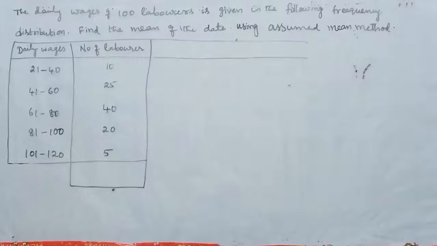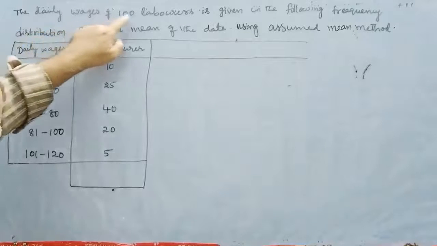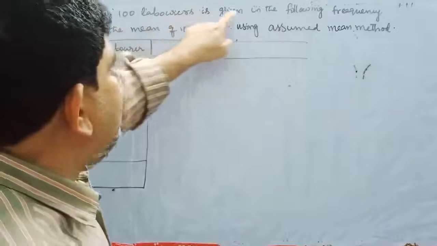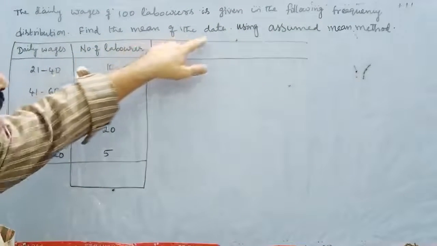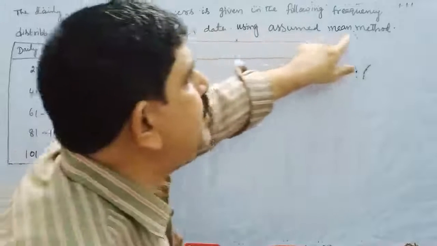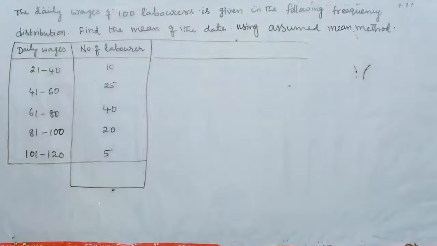The next question: the daily wages of 100 laborers is given in the following frequency distribution. Find the mean of the data using the assumed mean method. The daily wages ranges are 21 to 40, 41 to 60, 61 to 80, 81 to 100, 101 to 120.